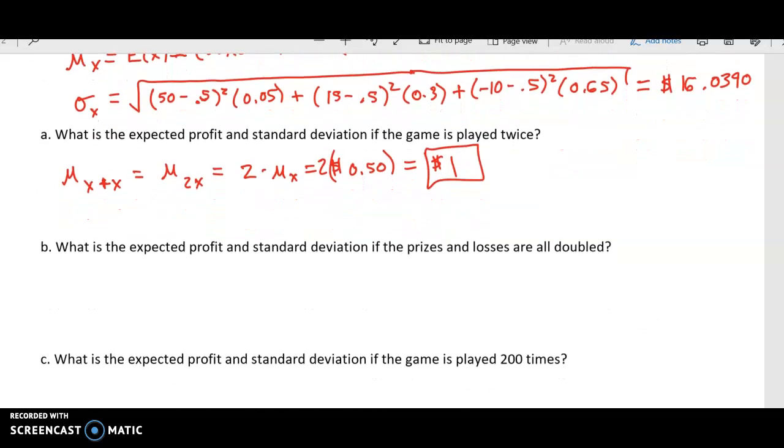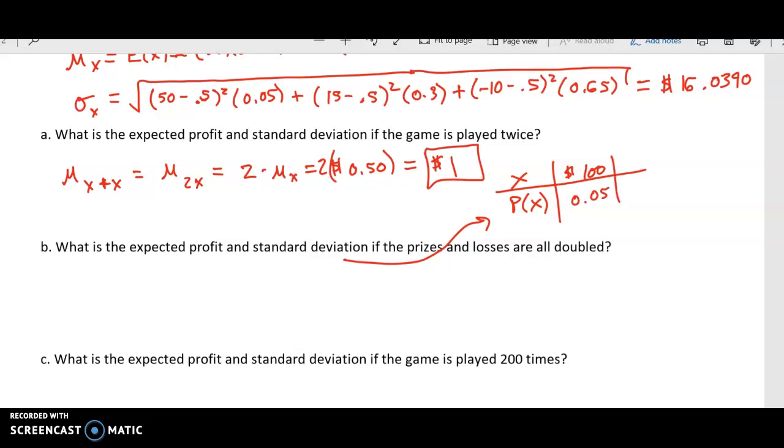What's the expected profit and standard deviation if the prizes and losses are all doubled? Okay. For this guy, we're going to have a new probability distribution. And X is still winnings or profit. So this becomes $100.